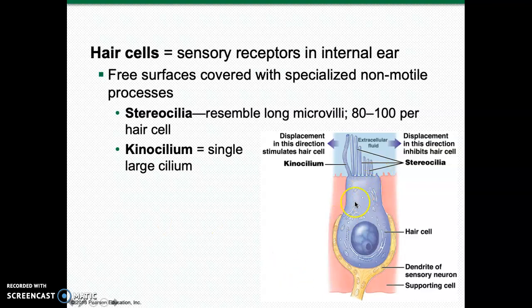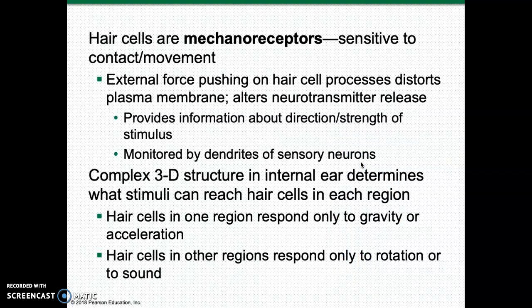And here's our hair cell, and it is covered with stereocilia and one single kinocilium. And these will be stimulated and move in different directions. So hair cells are mechanoreceptors, and they're sensitive to contact or movement.